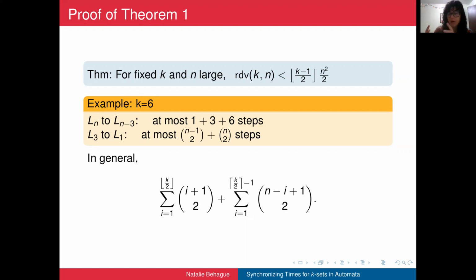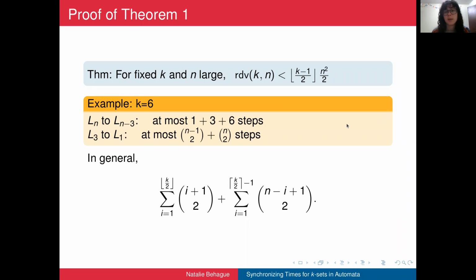So we observe that word of length 10, and we find some set of 6 states that it sends to only 3 states. And then we apply the second thing, and we can go from that set of 3 states to a singleton in at most (n minus 1 choose 2) plus (n choose 2) steps.